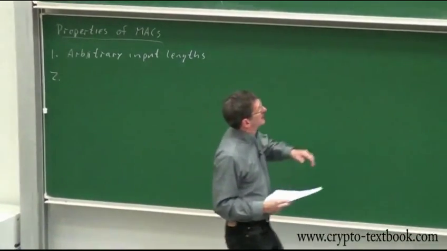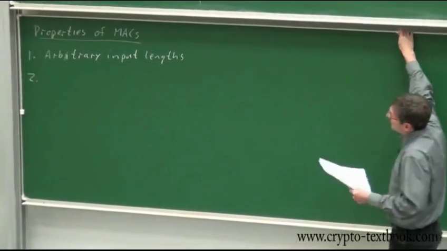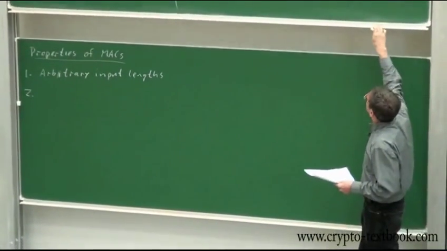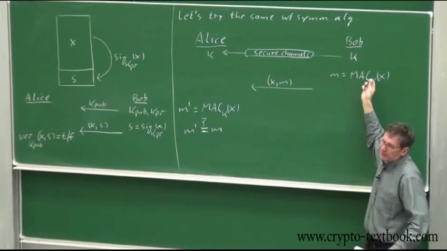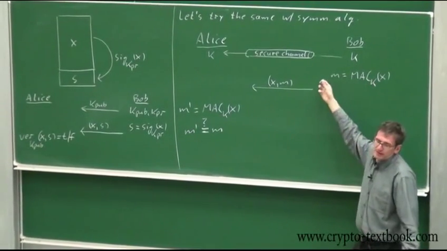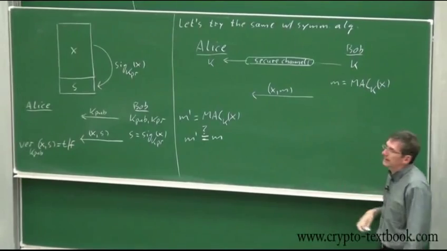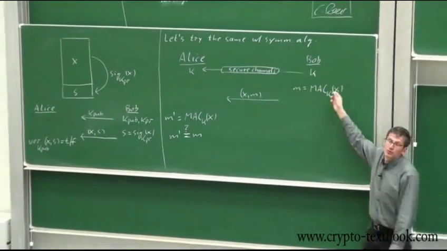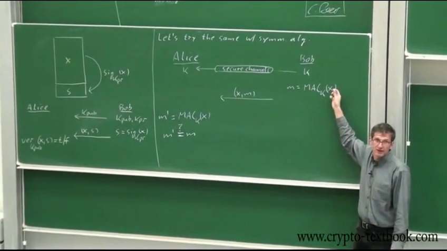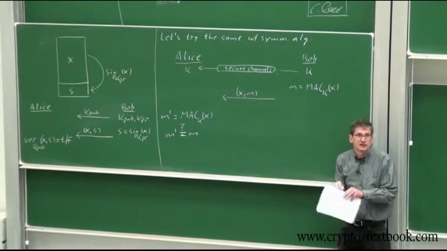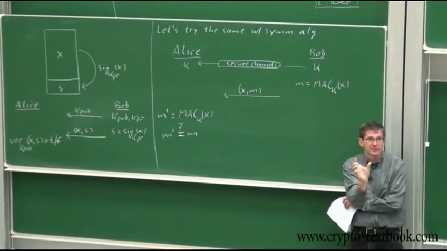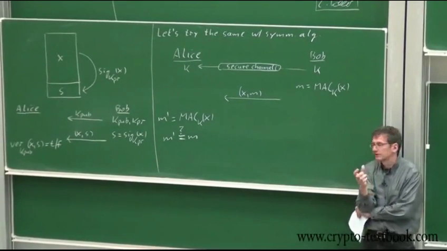What would be very nice, talking about this very practical input-output behavior: if you put in 100 characters here, we probably get a short MAC out. What would be nice is that if you put in a PDF file of 100 megabytes, the output still stays short, a short cryptographic checksum for any message, independent of the input length.